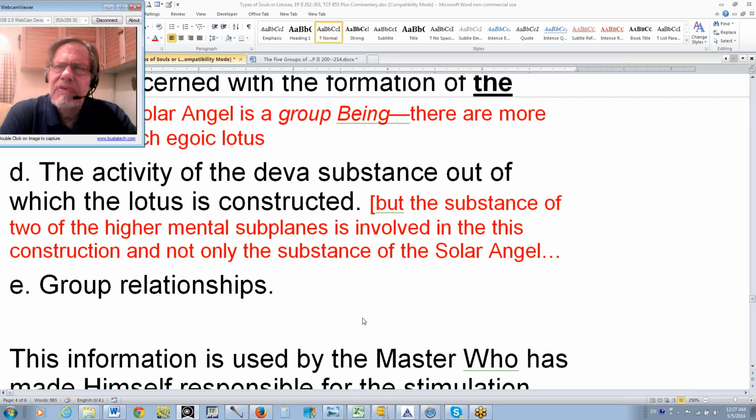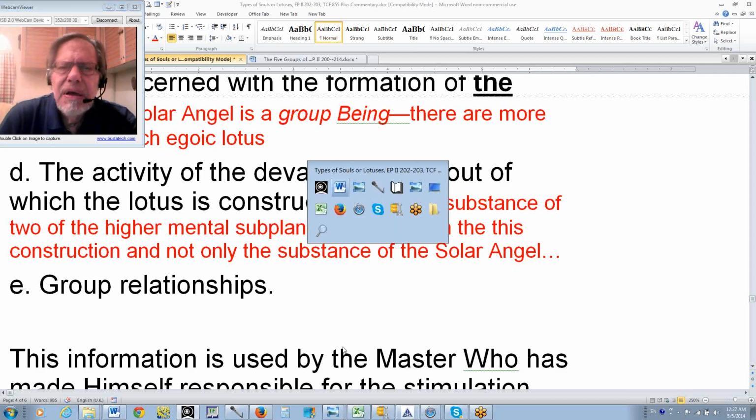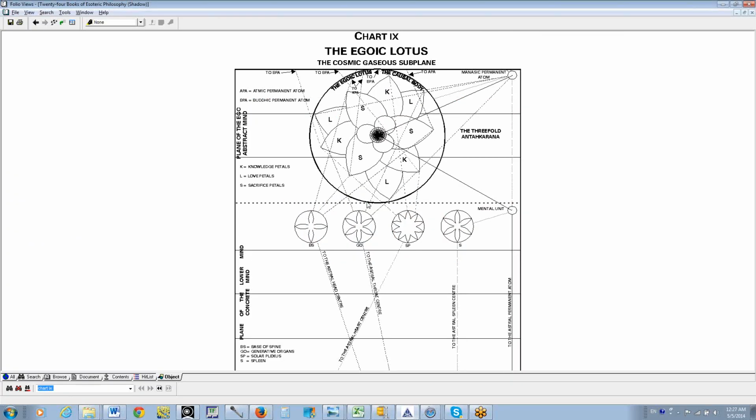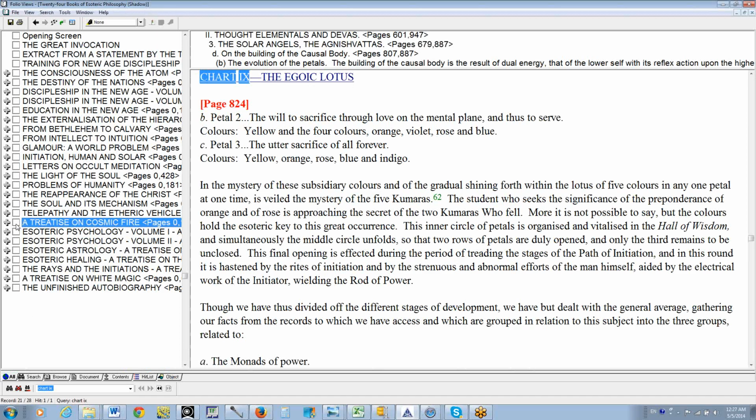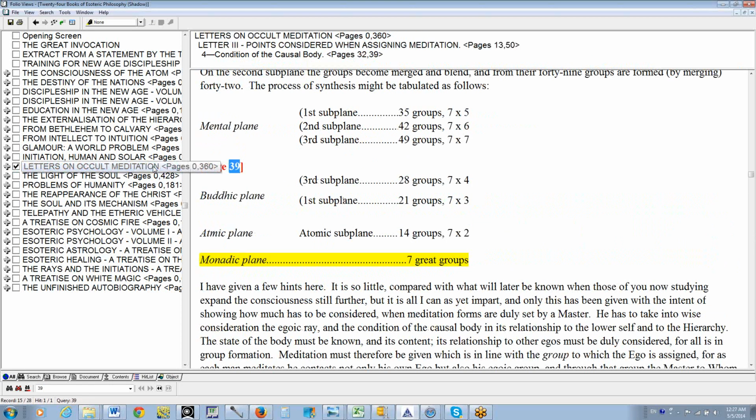maybe we could say that even when the egoic lotus has not been destroyed, its essence is a member of those higher groups. I think, to make a long story short, I will just go to that particular place in Letters on Occult Meditation, one of my favorite pages, because it seems to describe group relations on these higher planes. We can see that pretty well for the 35 groups and the 42 groups, the egoic lotus, as we understand it, will still exist.